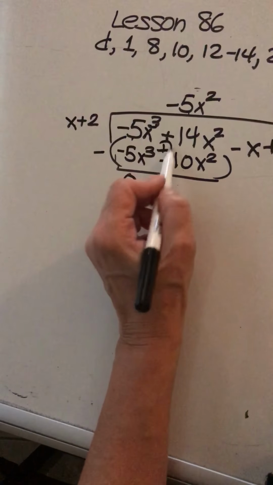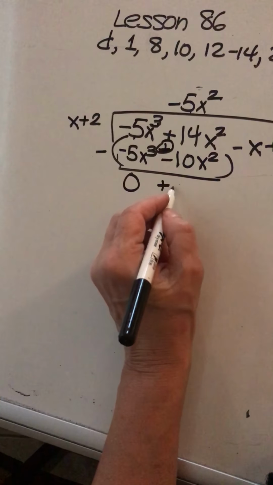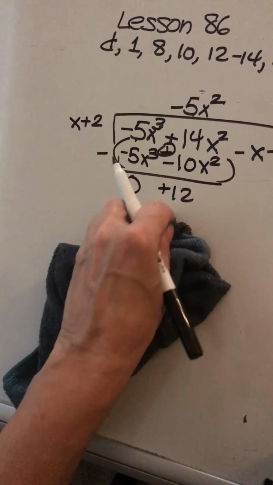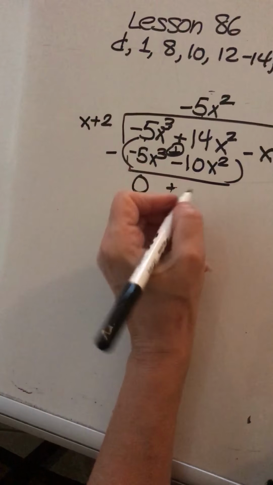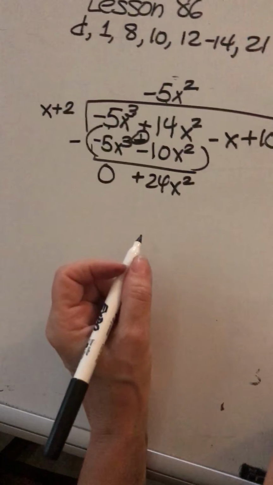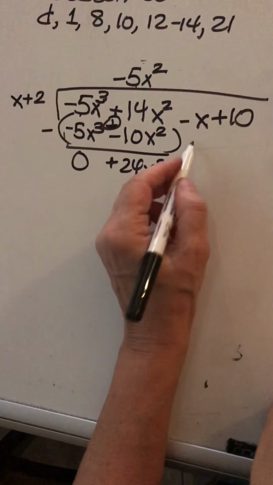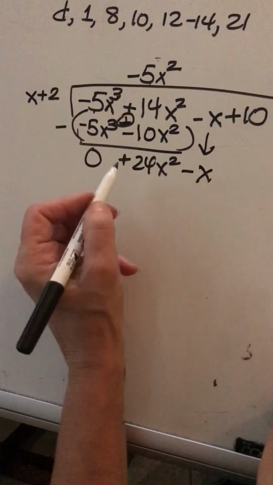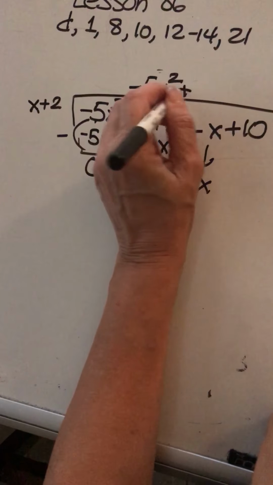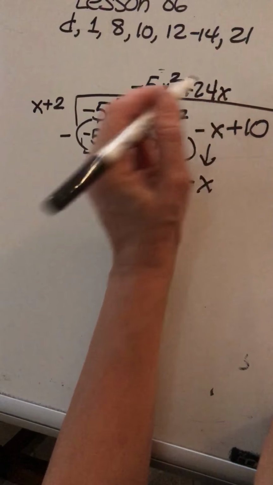14 minus a negative is a positive, which leaves me with 24. Didn't write 24, did I? 24, positive 24, x squared. Now I divide. I bring down minus x. Now I go back to division. 24x squared divided by x is 24x.